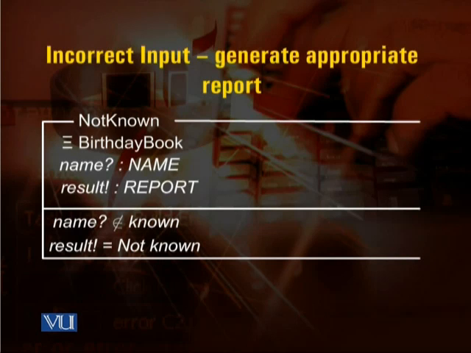There is this name which is input to the birthday book, and the output is the result, which is of type report, type text. And the predicate in this particular case is that this name is not known, and result is this text which is not known. So name is not a member of known set.